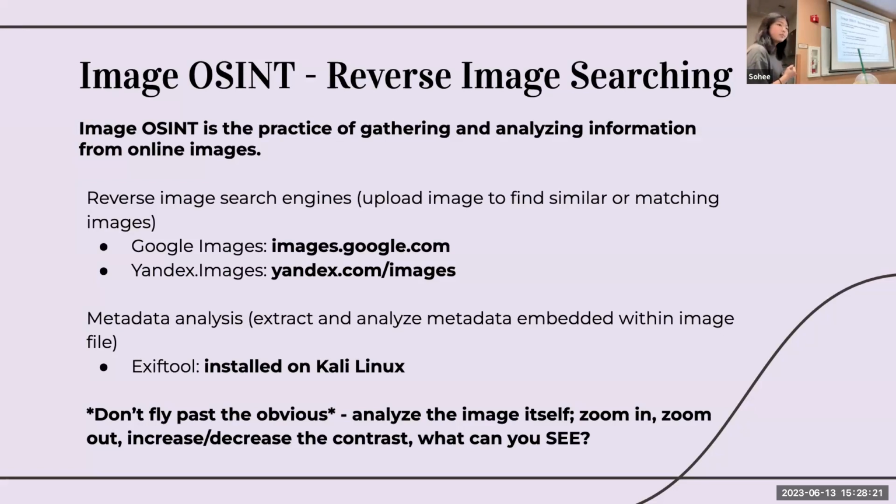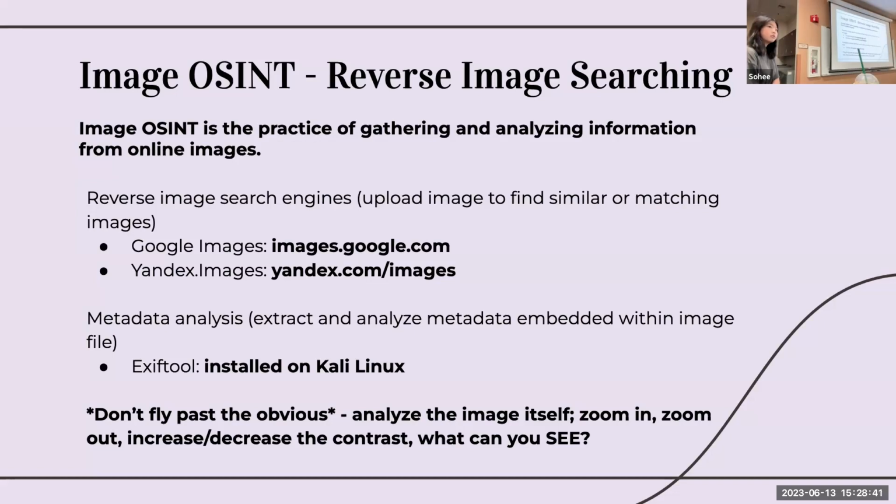As was mentioned, usually with image OSINT, you have the reverse image search engines that will allow you to find matching images of a certain image. But at the same time, for metadata analysis, I think most of us have configured Kali, so you have the tool already installed.